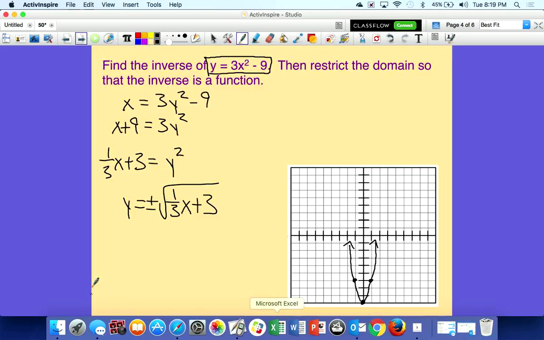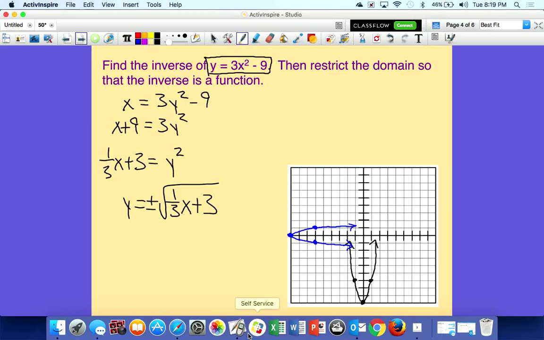Now, if I were to graph the inverse, remember, I can just switch those points that I have on my black line here. So this 0, -9 turns into a -9, 0. This point, 1, 2, 3, right there, and right there. So our inverse is going to look something like what I have here for a blue line.